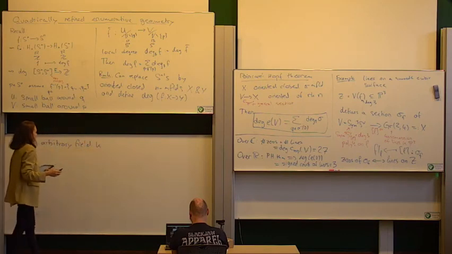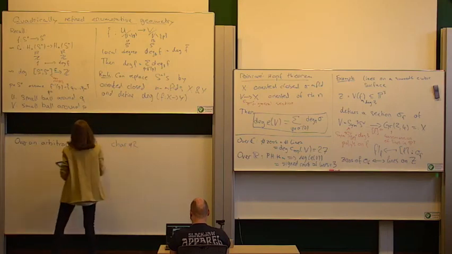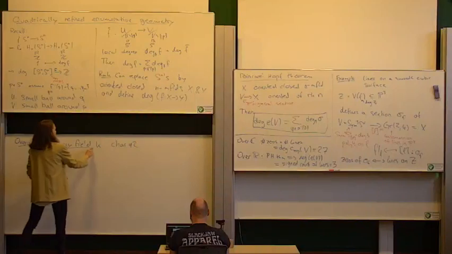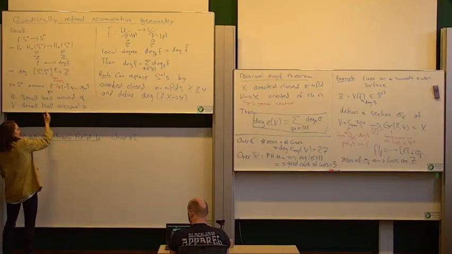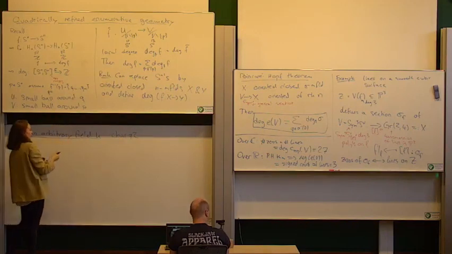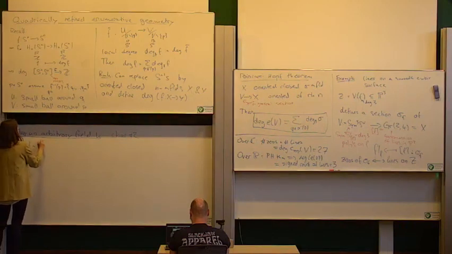And when I say arbitrary field, I want to exclude characteristic 2, because there funny things happen and it still works, but you have to be careful. So for simplicity, just assume characteristic is not equal to 2. So here's the history.